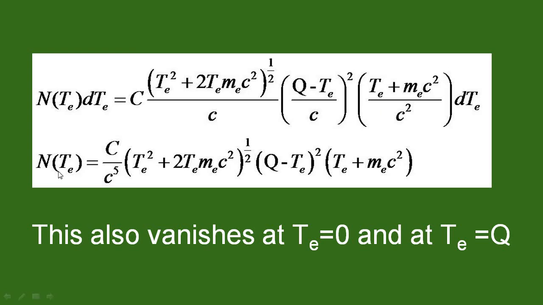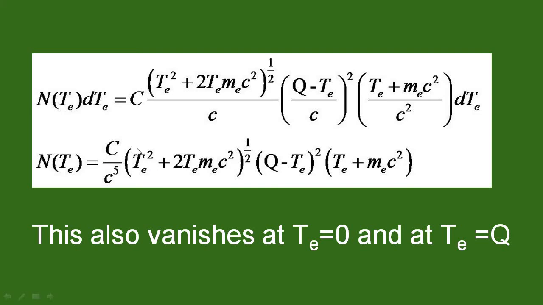So you can get the expression for n(Te) as C by c raised to 5 (Te square plus 2Te me c square) whole raised to half into (Q minus Te) the whole square into (Te plus me c square). And again, here also you can see that this equation vanishes at Te equal to 0.